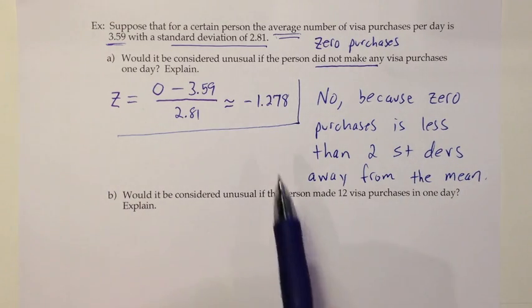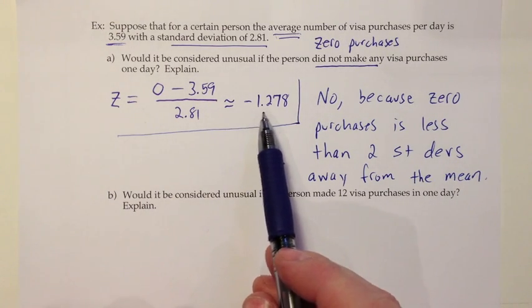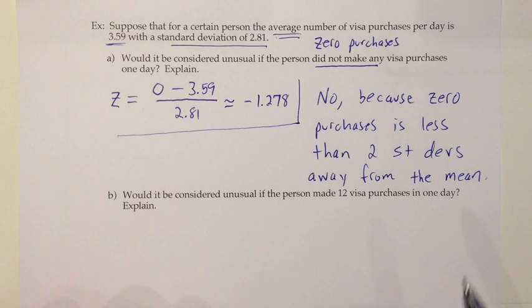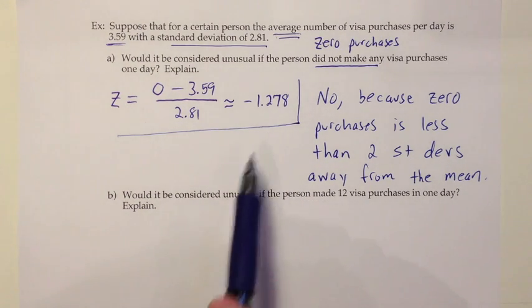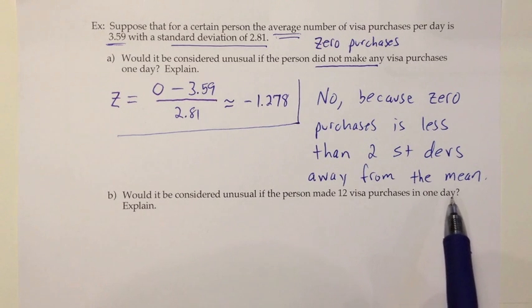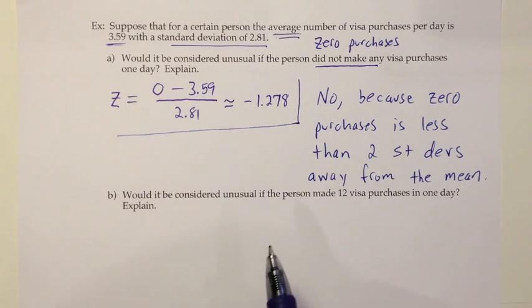So if we had flipped a couple digits, if this z-score was negative 2.178, that would be more than 2 away, and I'd be saying yes. But right now, I have a z-score that indicates this is less than 2 standard deviations away from the mean, and so it is not unusual.